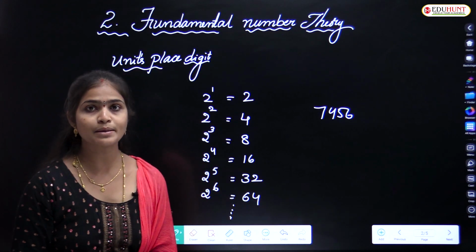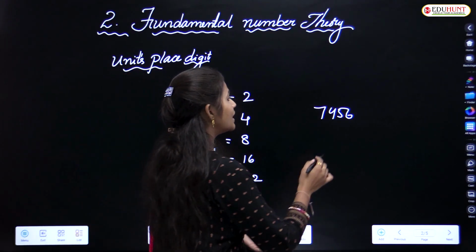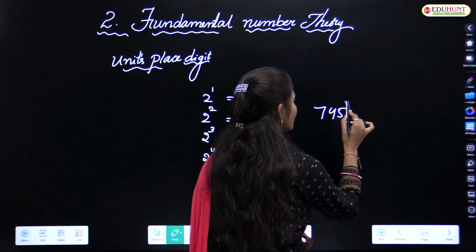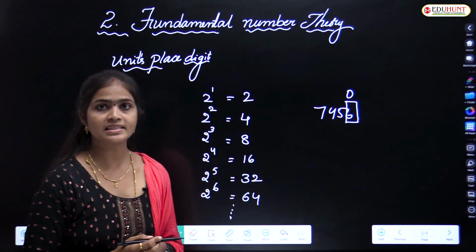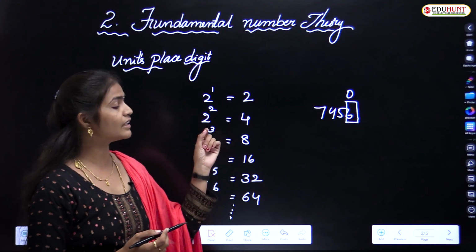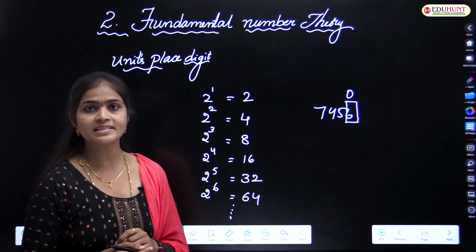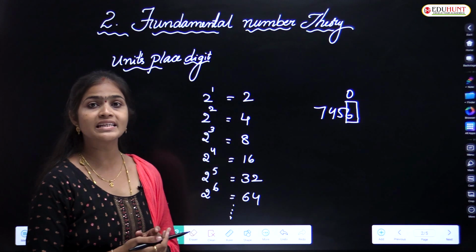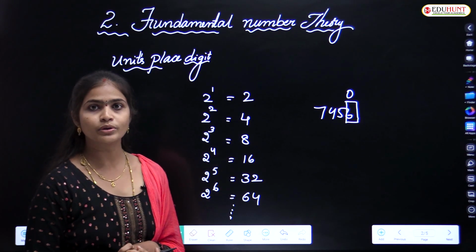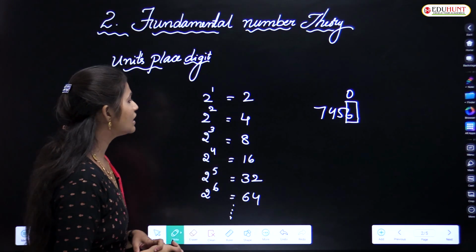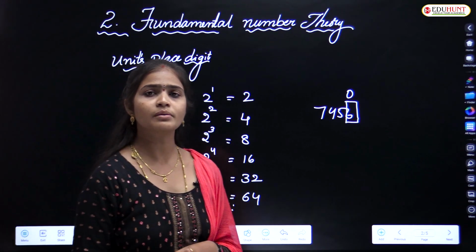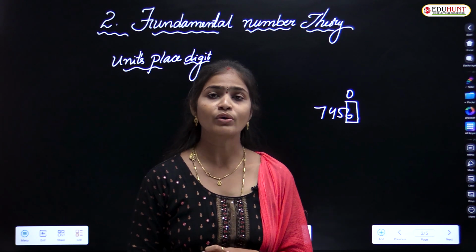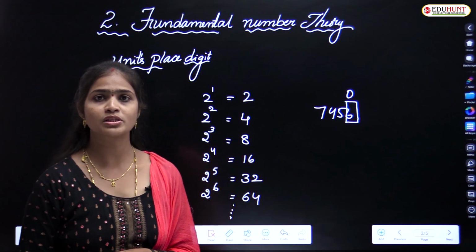Here the units place is nothing but the last digit of a given number, or the ones place digit. We call it the units place digit. So what is the use of this concept? Why do we need to learn this concept?